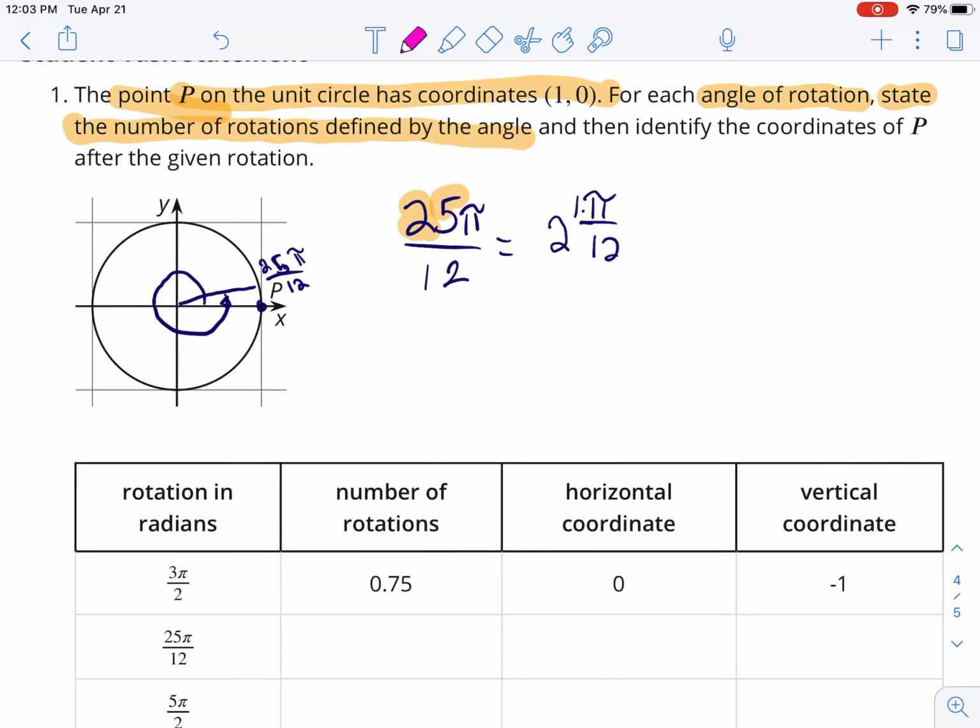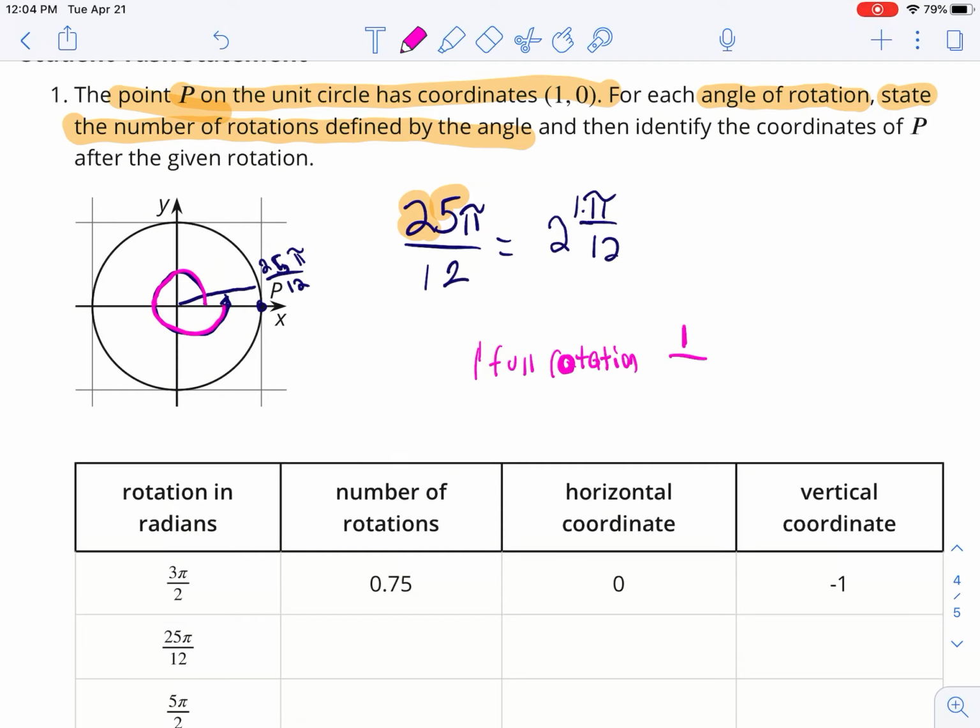So we have 1 full rotation, and then we have pi over 12 left. Pi is 12 pi over 12, and 2 pi is going to be 24 pi over 12.